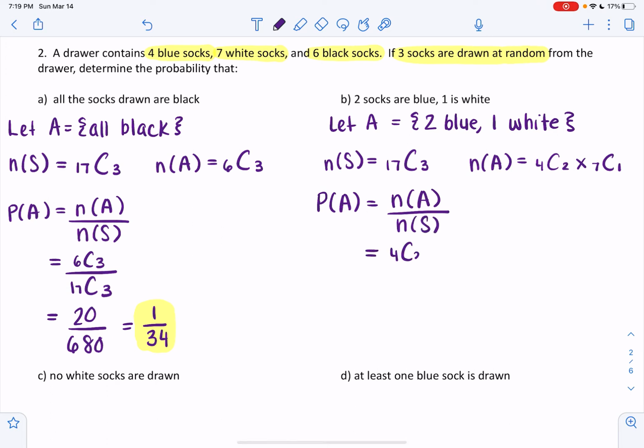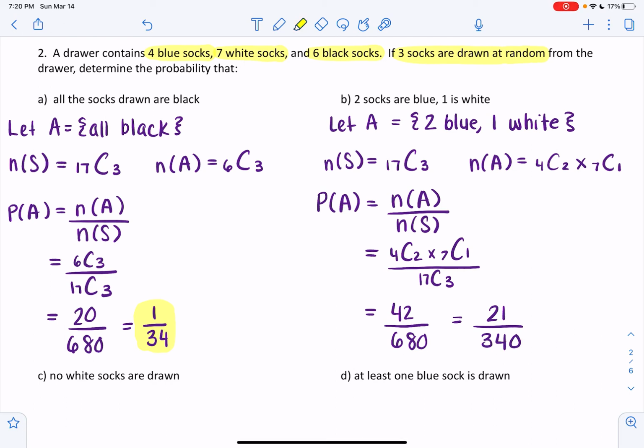So we have 4 choose 2, multiplied by 7 choose 1, all over 17 choose 3. This will give us 42 over 680, and that will reduce to 21 over 340. Again, you can leave it as a fraction, you could make it a decimal, you can make it a percent, doesn't matter.